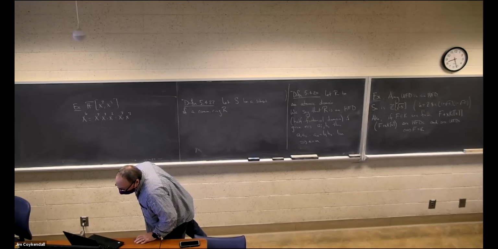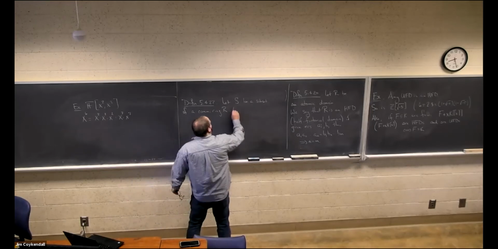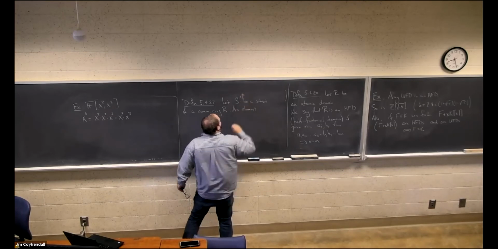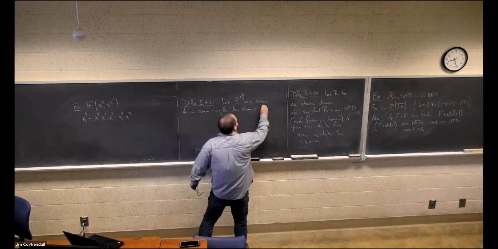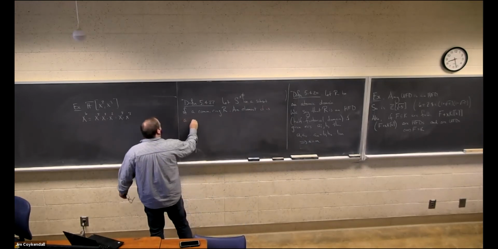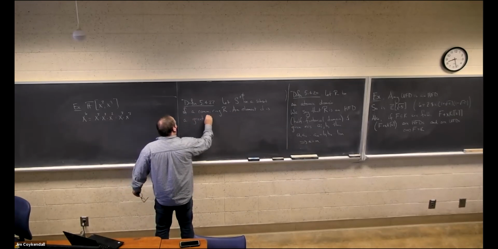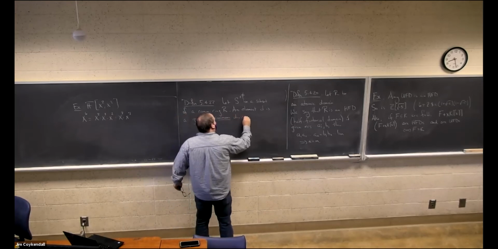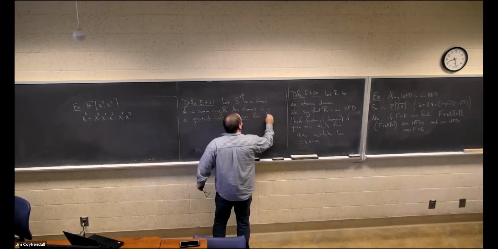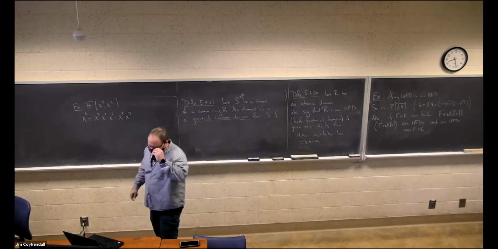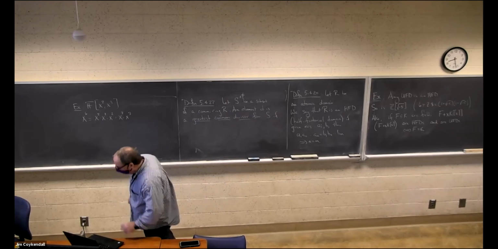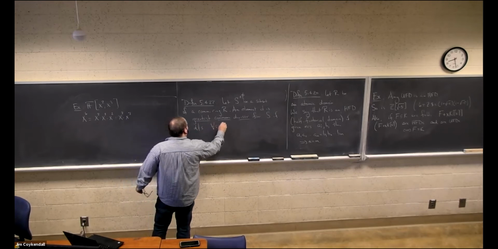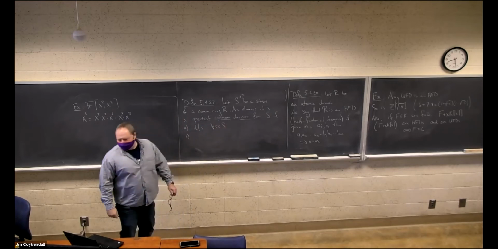An element D is said to be a greatest common divisor of a set S if it's a common divisor, in the sense that D divides s for all s in S. So that's the common divisor part.